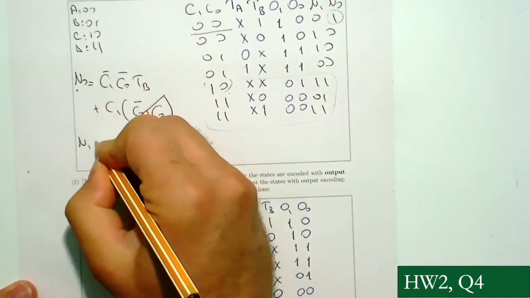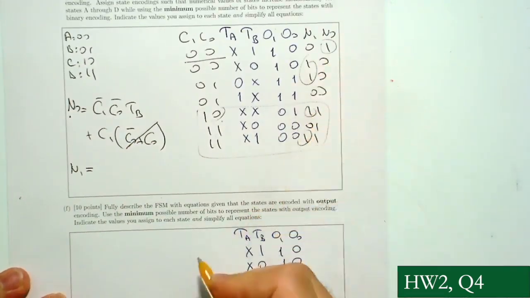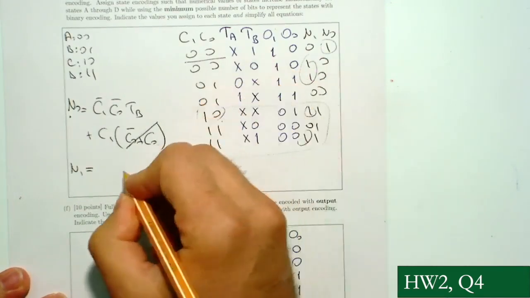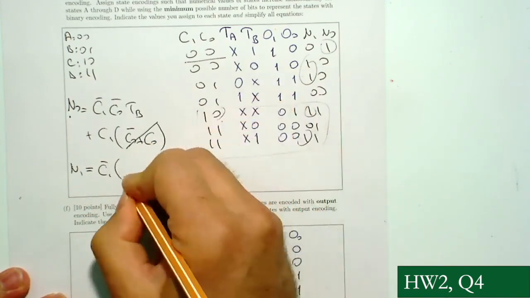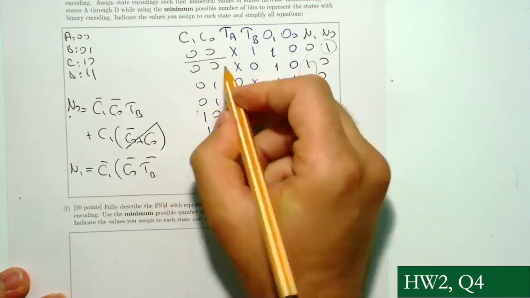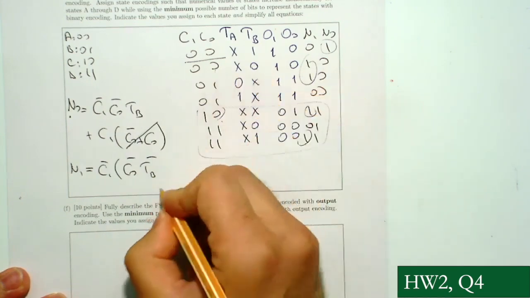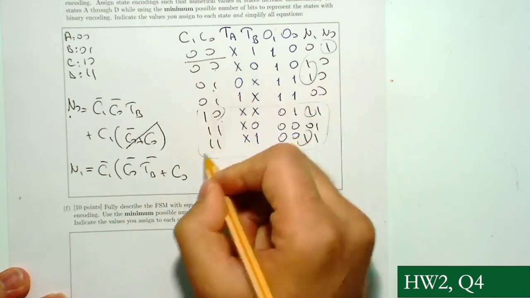For N1, I'll check the rows. I have 1 here, so for this one I have C1 not and C0 not, TB not, or C0 and TA.